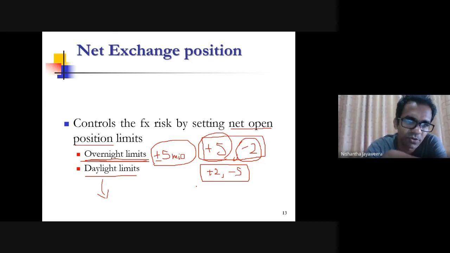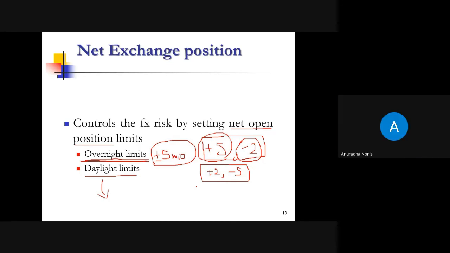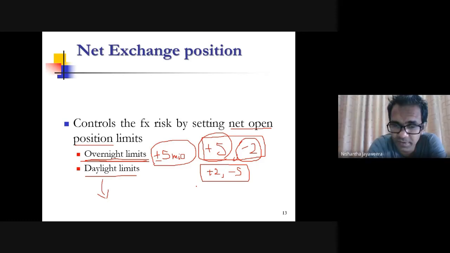It should be for the whole bank. Then that limit you can allocate in different amounts to different desks, the corporate desk and the interbank desk, something like that, and the trader level as well. So the dealer should cover the position during the day, depending on his limit.